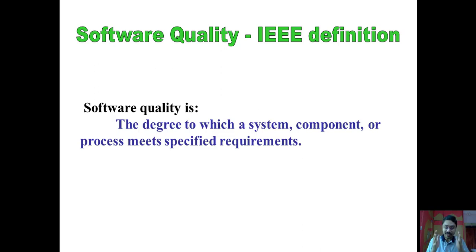So what the IEEE definition says is that if a component, system or process is meeting its specified requirements, then we can call it good quality. So if a software system is fulfilling the requirements that have been specified beforehand, then we can call that software of good quality.